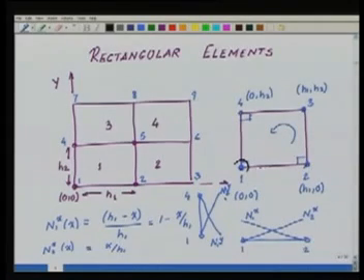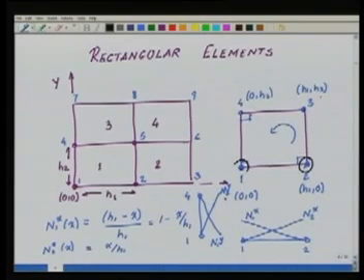This node lies as a second node on this line, so I take n2 of x. Okay. On this line, this is the first node, so I take into n1 of y, and by definition this n1 of y is going to vanish here and here, n2 of x is going to vanish here, so it vanishes at all other points and gives me a value 1 at the second node. So if I take this kind of product, so n3 of x, I say it lies actually as a second node of this line, so n2 of x, and it lies as the second node of this line, so n2 of y.